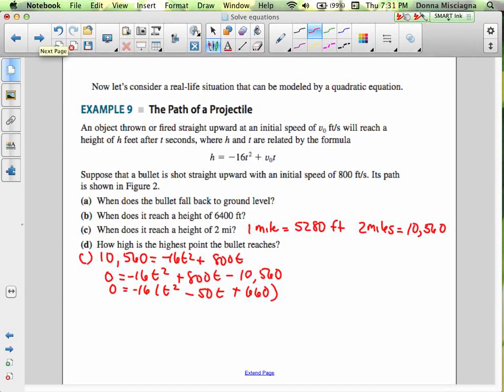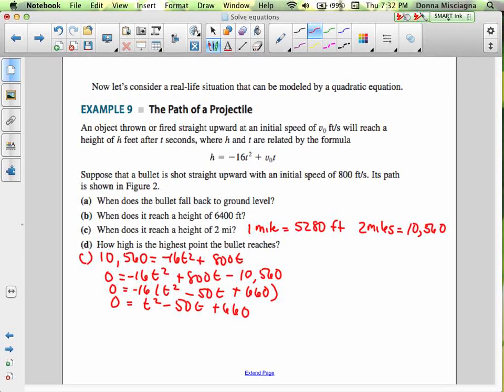All right, so we can divide by negative 16, so that gives us t squared minus 50t plus 660. And I am very certain that there's nothing that multiplies to give us 660 and adds to give us 50, right? Just nothing.